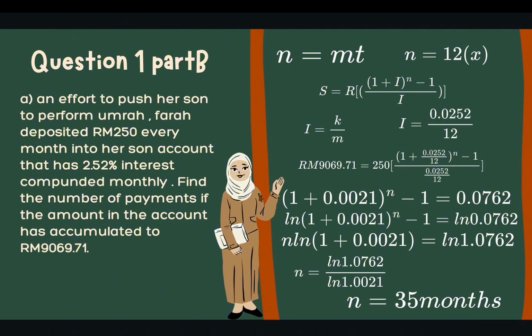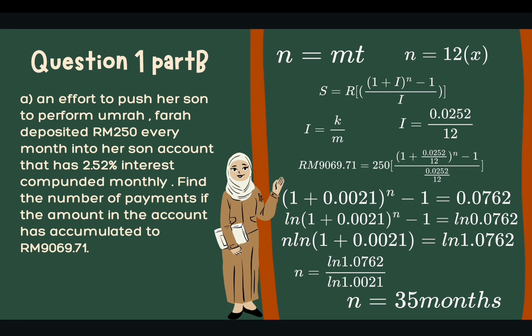Next, question 1, part B. In an effort to push her son to perform Umrah, a father deposits RM250 every month into her son's account that has 2.52% interest compounded monthly. Find the number of payments if the amount in the account has accumulated to RM9,069.71. We need to use the future value formula and substitute the given values into it.